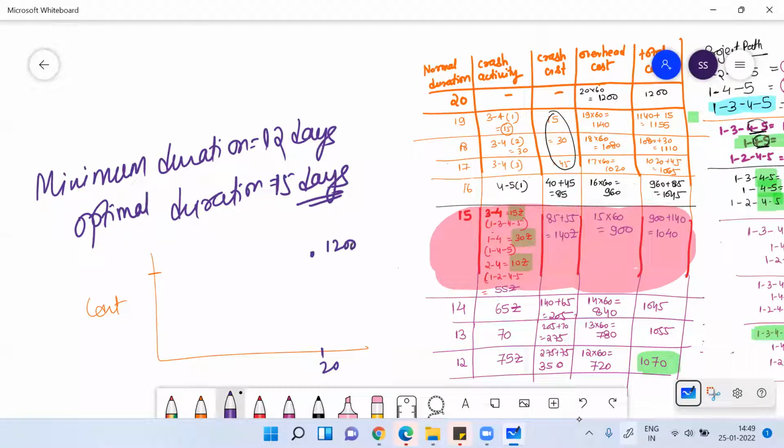Now by crashing, we decrease it. You decrease it further up to one point, and then it will increase. So this point, when it was minimum, was at 15 days, when the cost was a minimum of 1040. That was the optimal cost. When you try to decrease the time below it, your cost started increasing above it.